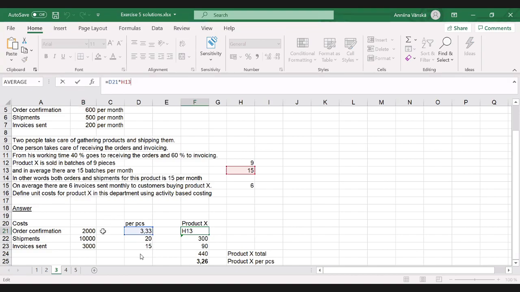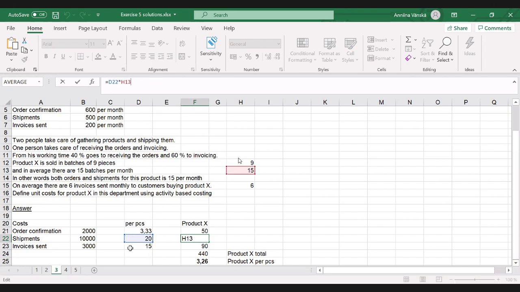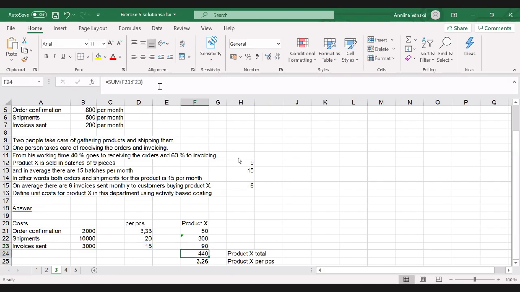So 15 times the order confirmation unit price, giving us 50 euros. Same thing with the shipments. So 15 times the shipment unit price, giving us 300. Invoices sent, 6 invoices times the unit price for the invoice. Those 3 all together are 40. So this is the product X total cost.